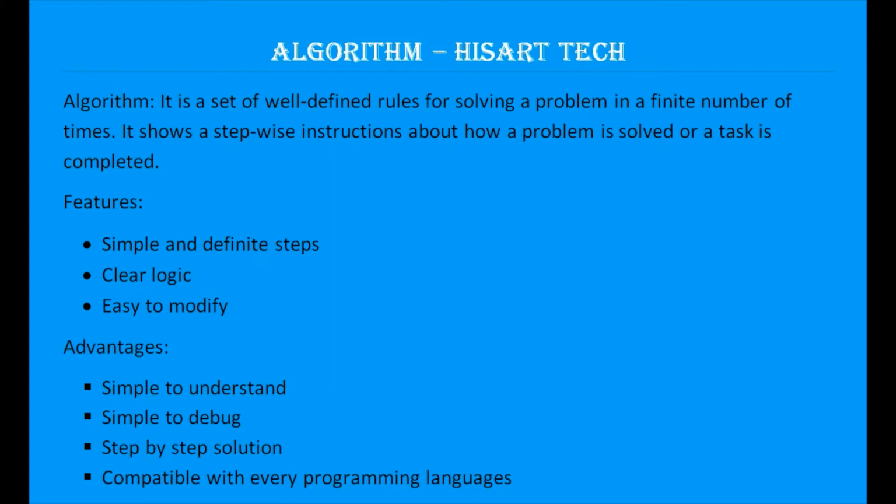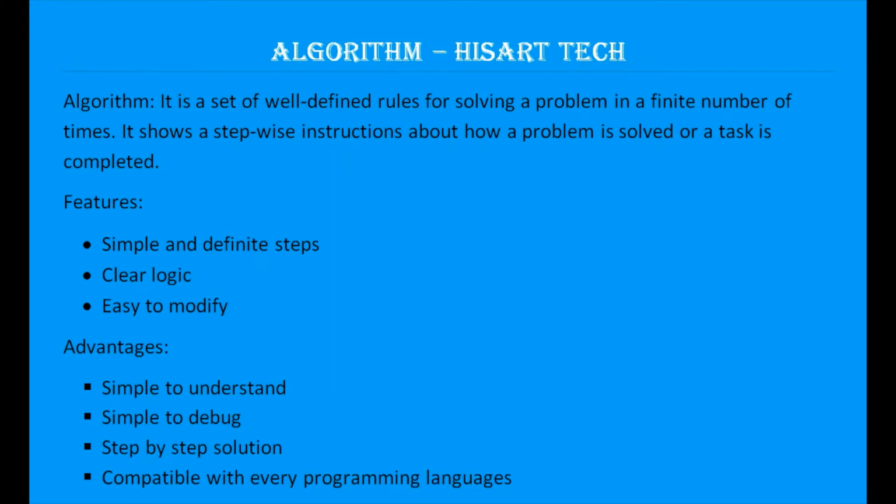Advantages: simple to understand, simple to debug, step by step solution, compatible with every programming language. It doesn't matter whether you want to make software or any other program with Python, C++, Java, or anything else. The thing that matters is what you are doing and how you are going to do it.